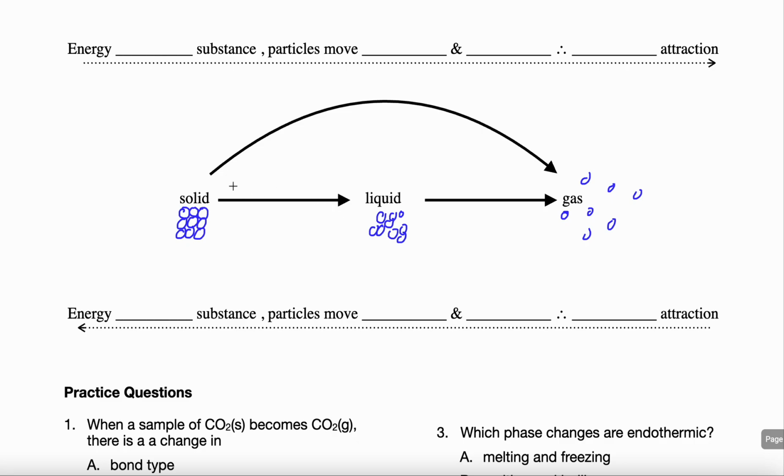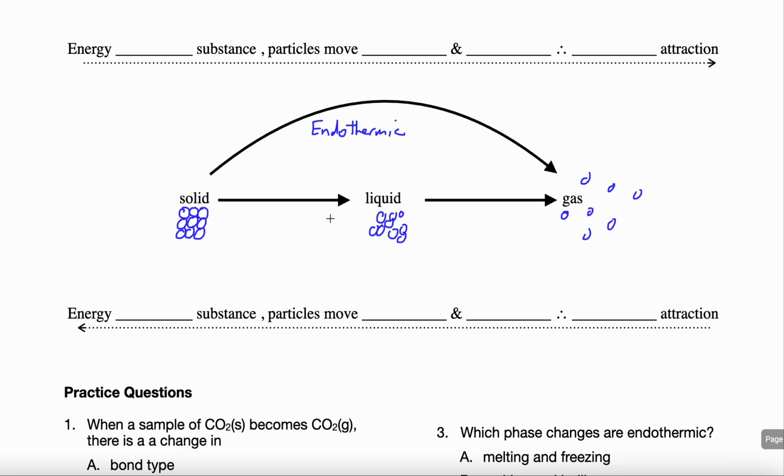So as a result, if you follow the arrow, like a solid changing to a liquid changing to a gas, or a solid changing directly into a gas, in this direction of following the arrows, it is an endothermic process. So I'm going to write endothermic.